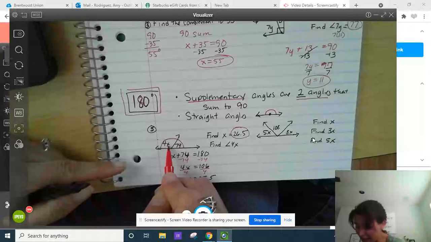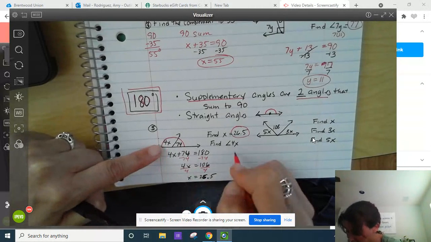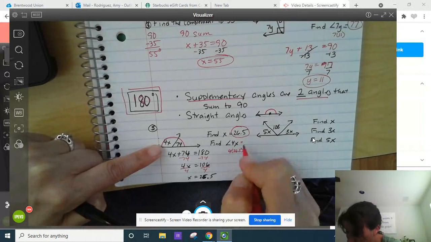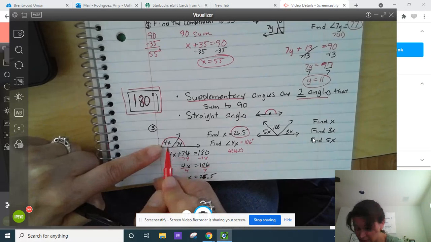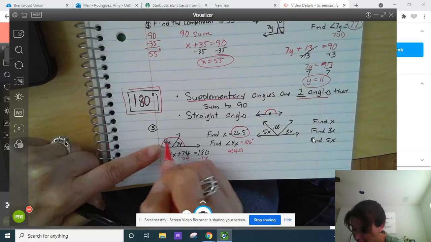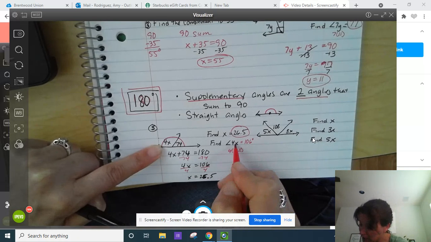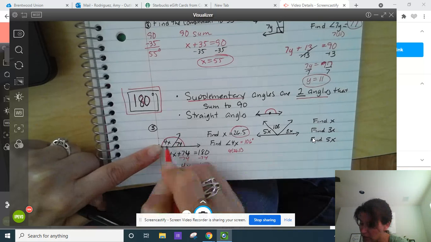So my x is 26.5, but 4 of my x is 106. This is the x, this is the whole angle. That gets a little confusing for kids. You're plugging that number back in to see what the whole angle is versus just the variable right here.